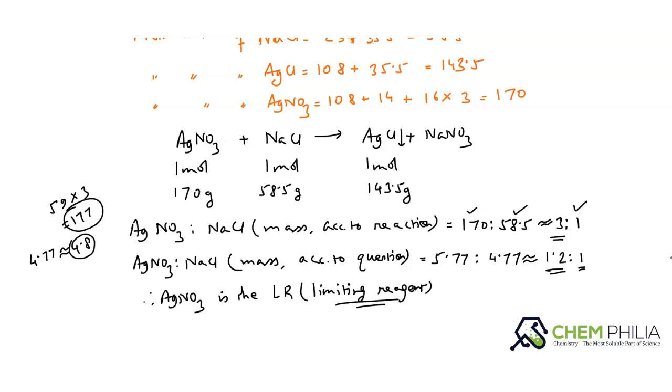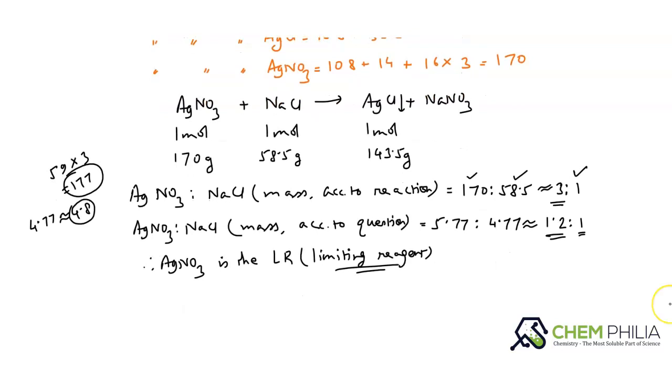So the amount of AgNO3 will decide how much AgCl will be produced, right? Now as per the question, 170 gram of AgNO3 gives 143.5 gram of AgCl, right? So let us write this. 170 gram of AgNO3 gives 143.5 gram of AgCl.